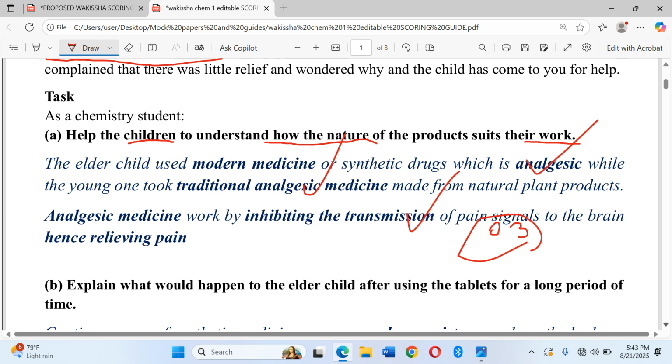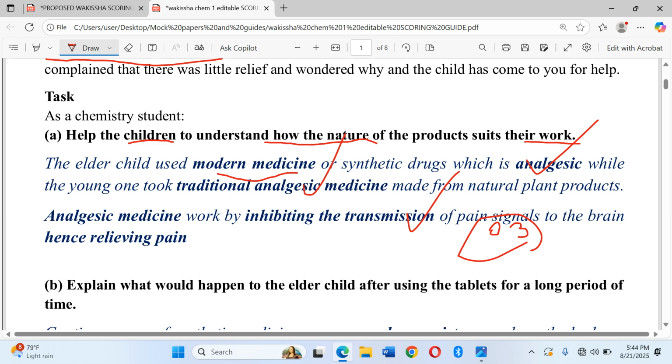Let's look at part B. Now, in part B, they're saying explain what would happen to the elder child. This elder child is the one who used the modern medicine. So they're saying explain what would happen to the elder child after using the tablets for a long period of time.